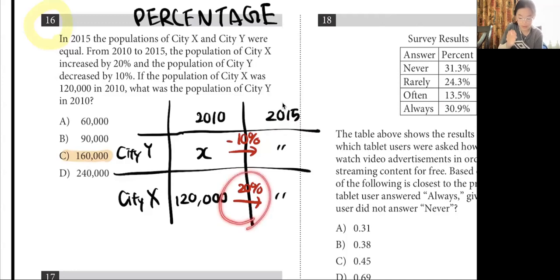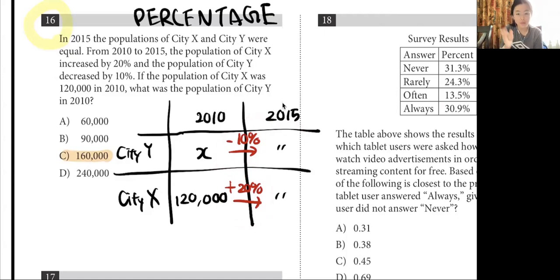I'm indicating that using the arrow, 20%, probably best to write positive because we're going to have a negative soon. And for city Y, it decreased by 10%. Okay, so decreased by 10%, but they all eventually end up as the same value.